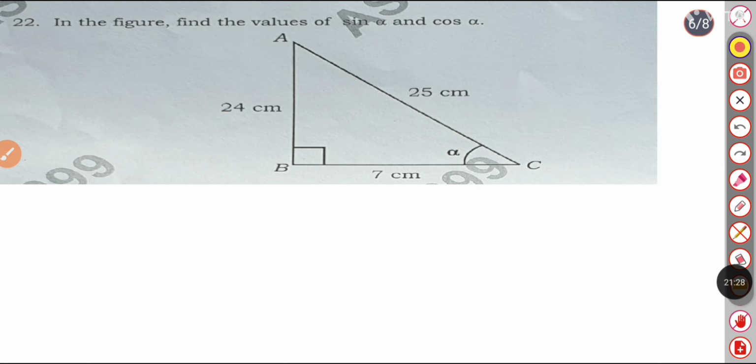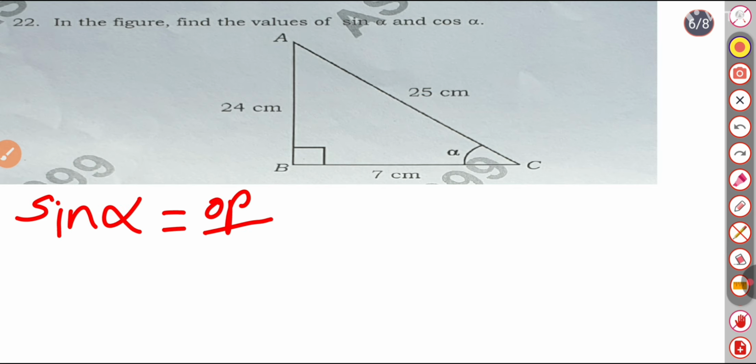Next question, question number 22. In the figure, find the value of sine alpha and cos alpha. This is an easy, direct question. Alpha is here. Sine alpha is opposite by hypotenuse.